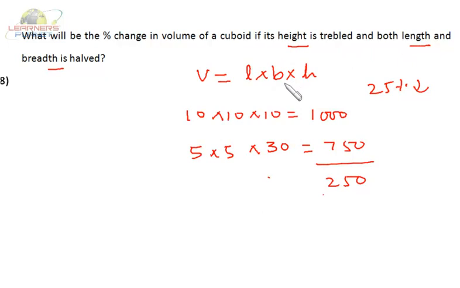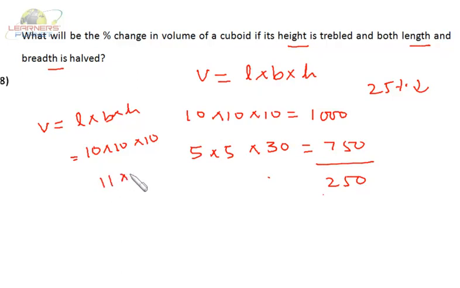Okay, now suppose there is no change in height, and length and breadth are increasing by 10% and 20%. So in that case, volume is equal to length into breadth into height, which is 10 into 10 into 10. Suppose the change in length is 10%, so the new length is 11.